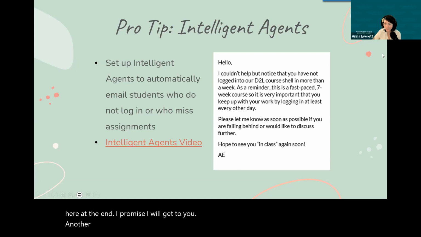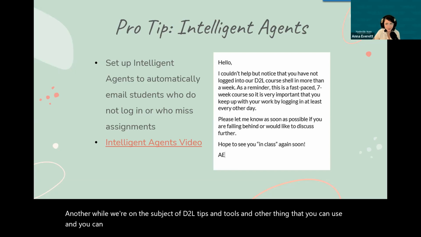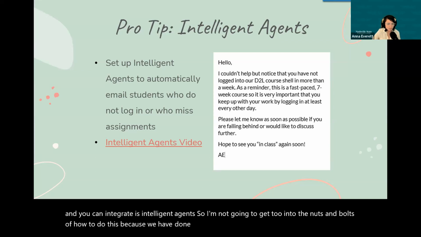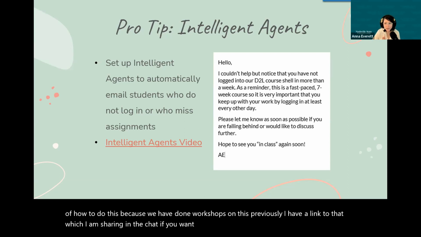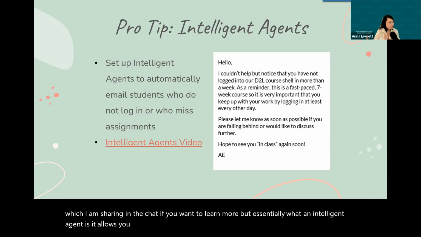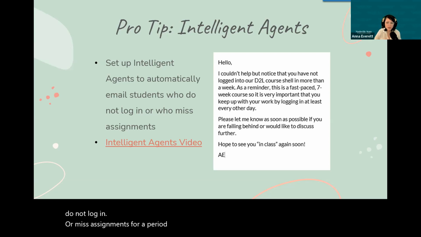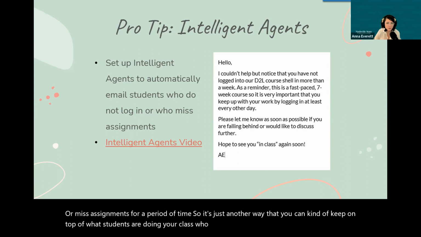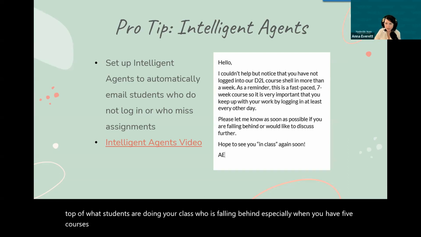While we're on the subject of D2L tips and tools, another thing that you can use and integrate is intelligent agents. I'm not going to get too into the nuts and bolts of how to do this because we have done workshops on this previously. I have a link to that, which I am sharing in the chat if you want to learn more. But essentially, an intelligent agent allows you to set it up so that it will automatically email students who do not log in or miss assignments for a period of time. So it's just another way that you can keep on top of what students are doing in your class, who is falling behind, especially when you have 5 courses and hundreds of students and it's hard to keep track of everyone.